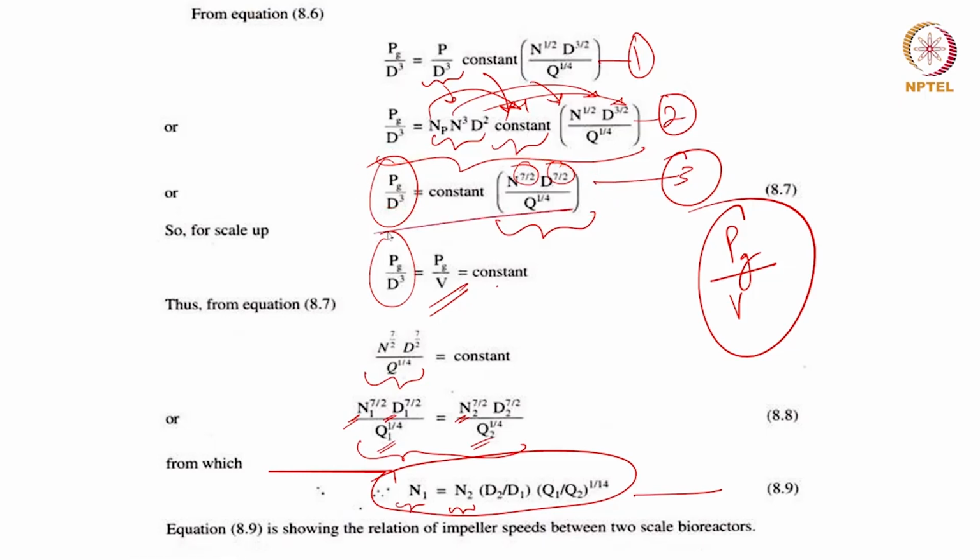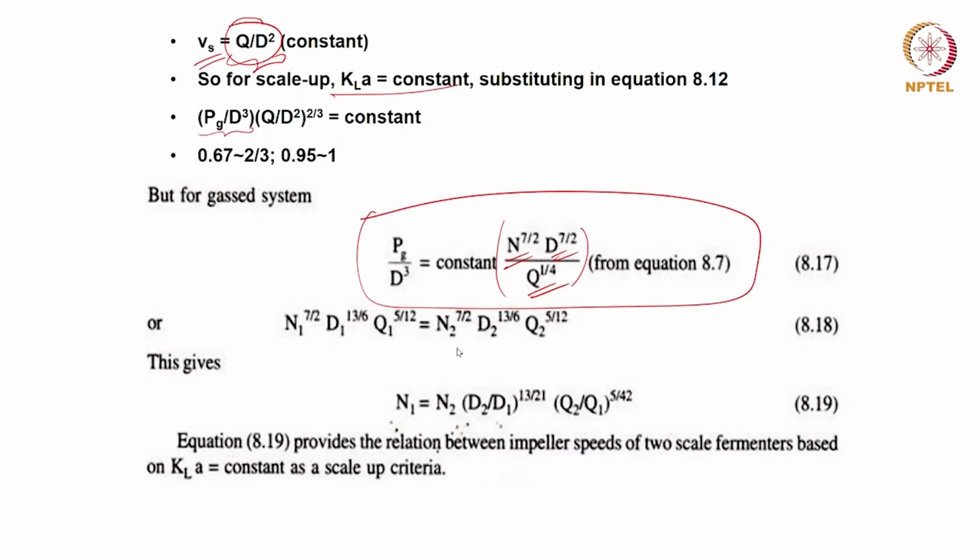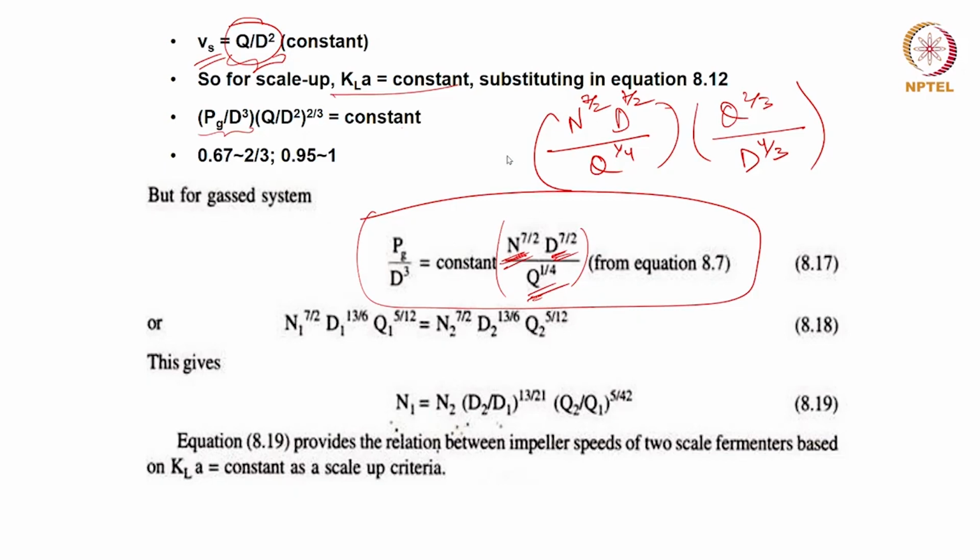So if you see equation 3, we have already derived how Pg by dq can be related to N, D and Q. So we can replace that correlation here so that the only variables we have now are N, D and Q. So this turns out to be N 7 by 2, D 7 by 2 by Q 1 by 4 multiplied by Q 2 by 3 by D 4 by 3. So this is constant, which is KLA.